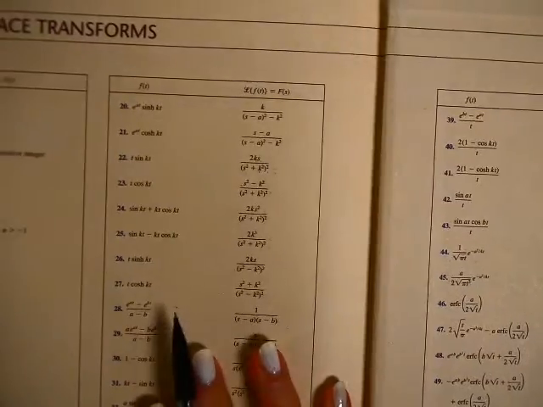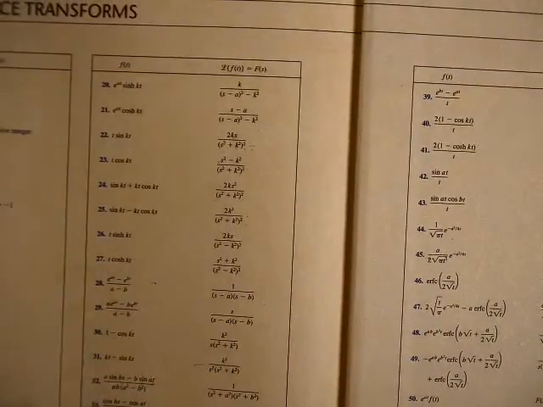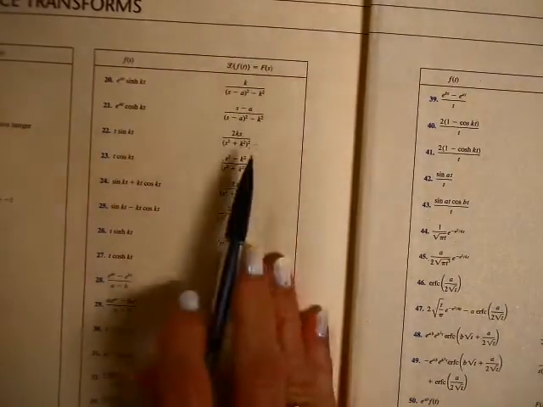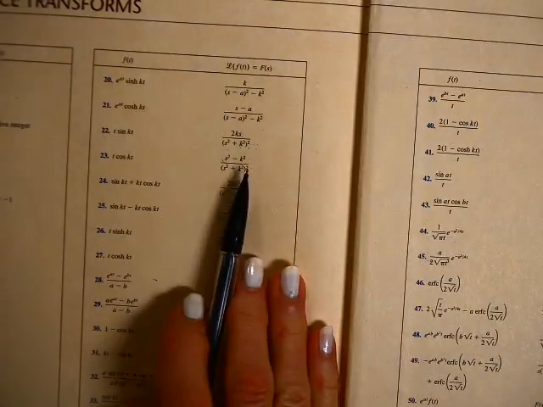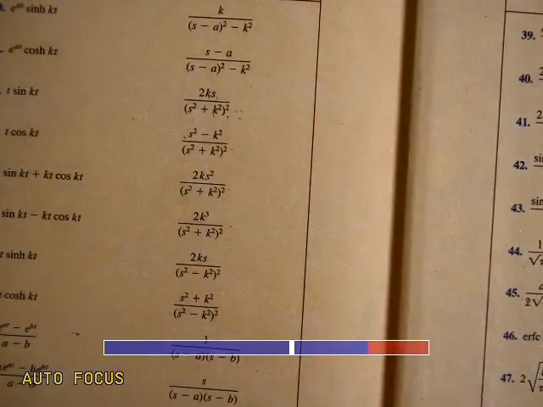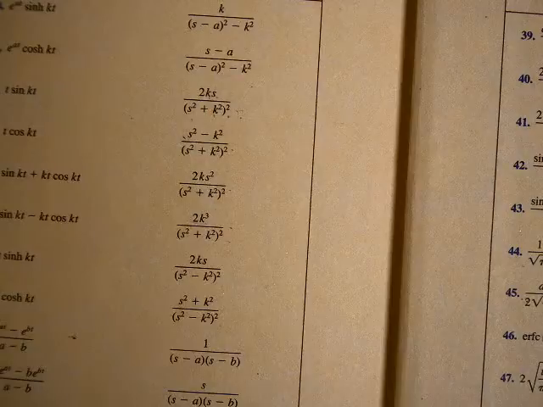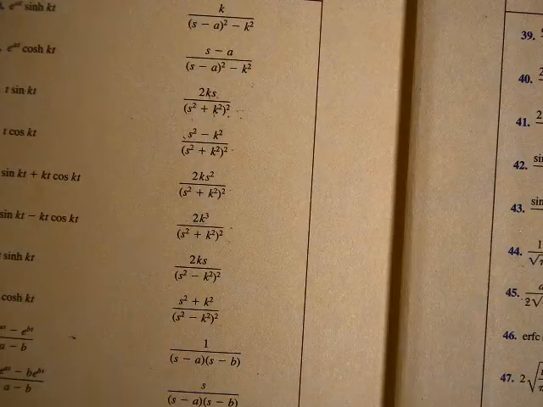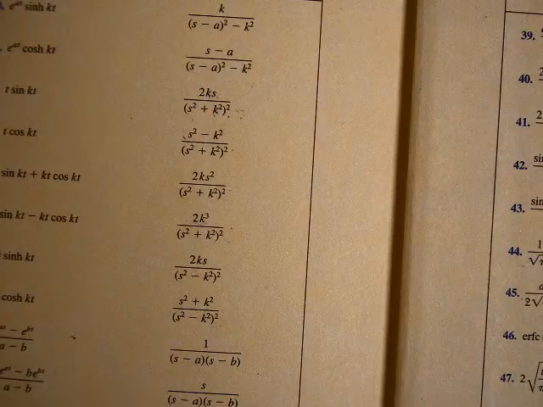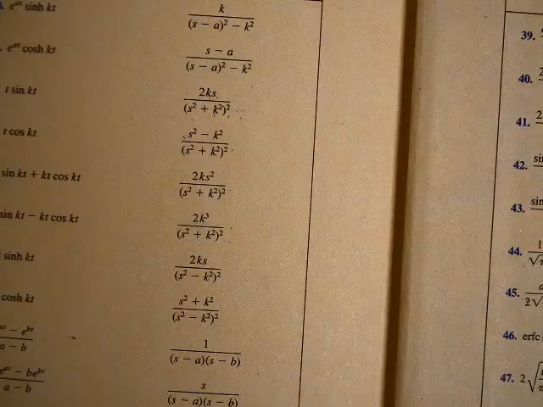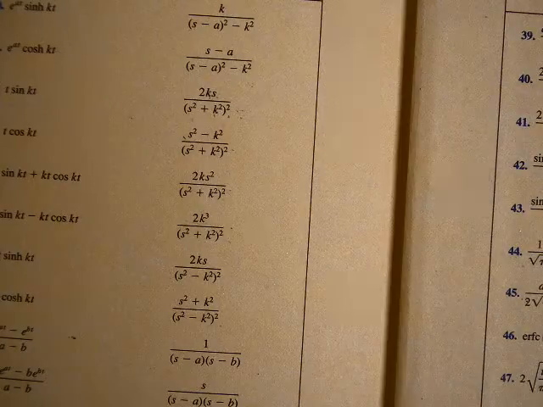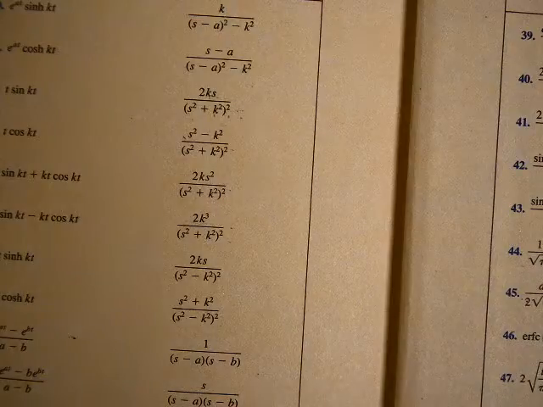The ones that we're going to be doing today, all of your formulas are in here, but when we've gotten our denominators, we've had something squared plus something squared, and then we've had the quantity squared. So we're going to be looking over here, which is the second column over, for our formulas, to make it match.